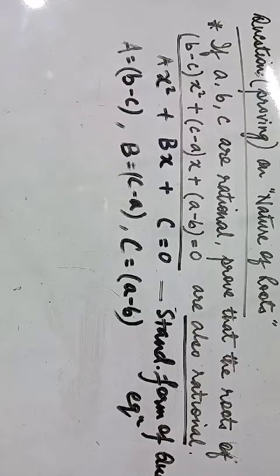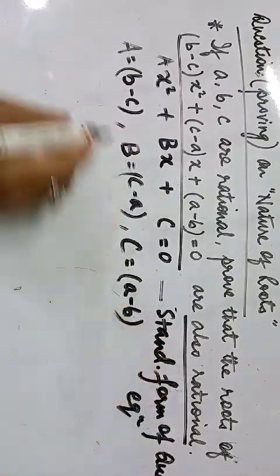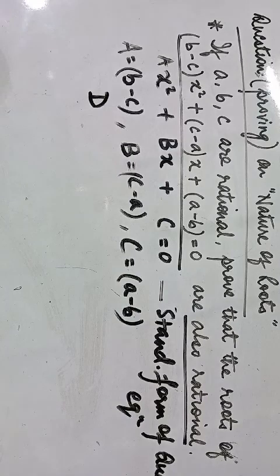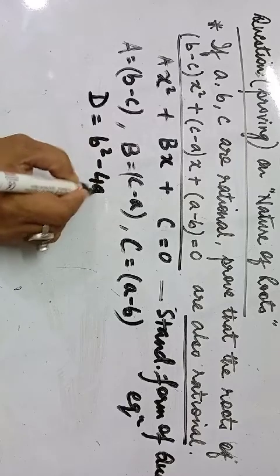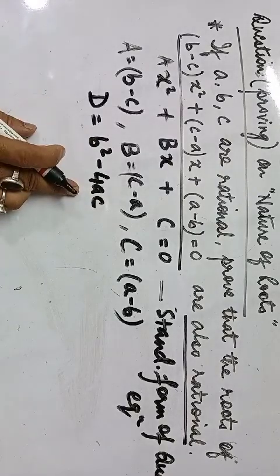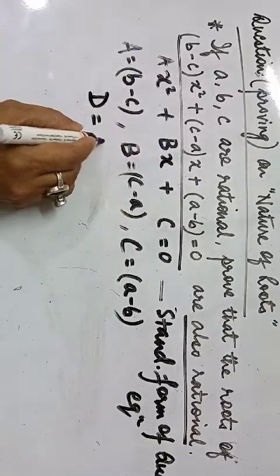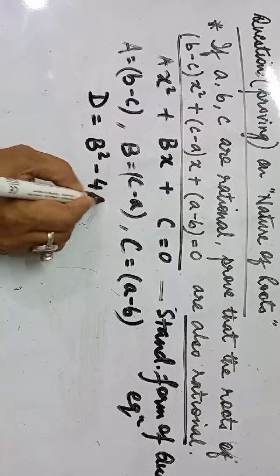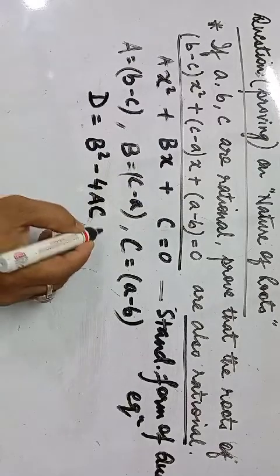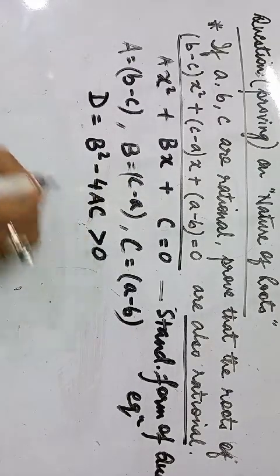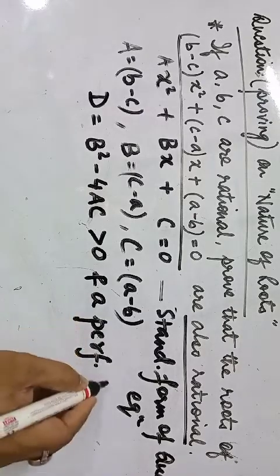Now again, children, the main point here will be that we have to prove the roots are rational. So for rational, D, which is the discriminant, which is B square minus 4AC. Now children, I cannot use small letters here because I have used capital letters. So B square minus 4AC, my discriminant for this equation, should be greater than 0 and also a perfect square.